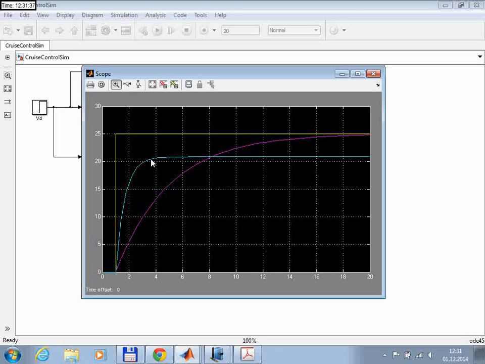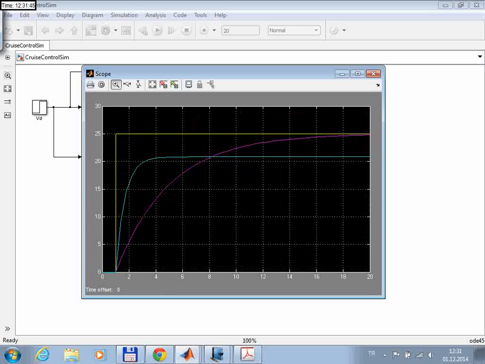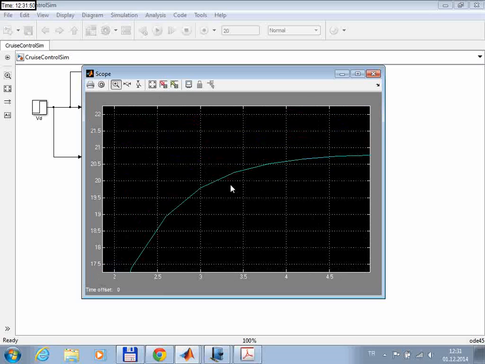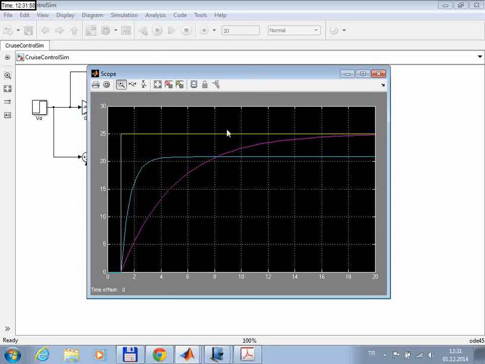How fast it reaches is totally related with the time constant. Okay, so we are already out of time, so let me stop the recording.